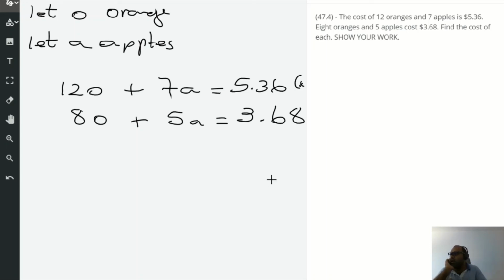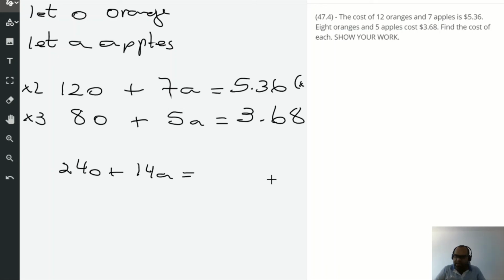Okay, let's write here, guys. Times 2 here, and times 3 here. I got a match here in orange. 12 times 2, 24O. Plus 2 times 7 is 14A equals 5.36 times 2.